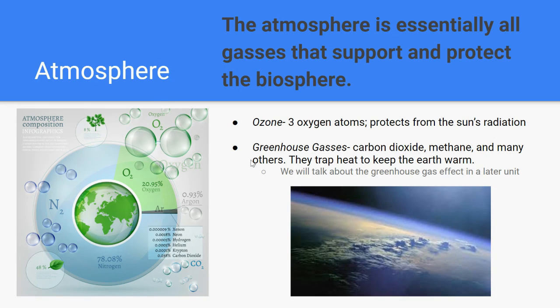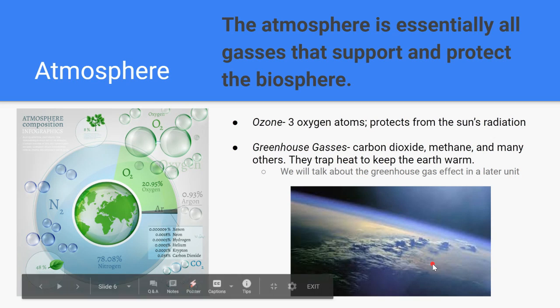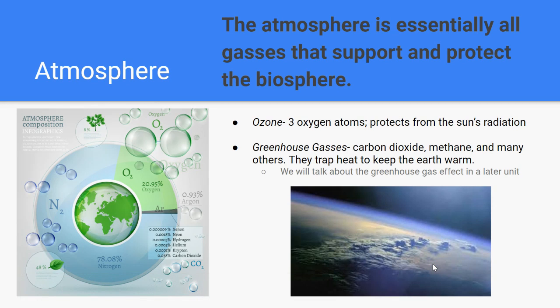And we will talk about greenhouse gases in the future quite a bit, and we'll talk about the greenhouse gas effect quite a bit. But essentially, the atmosphere is made up of gases that support and protect the biosphere from the sun's radiation, and keeps the Earth warm. That's all you really have to have on there.